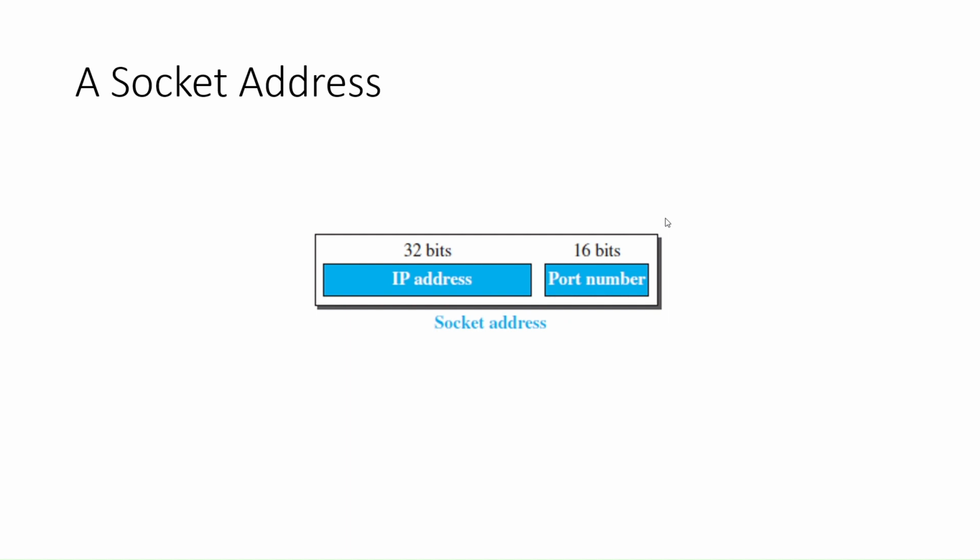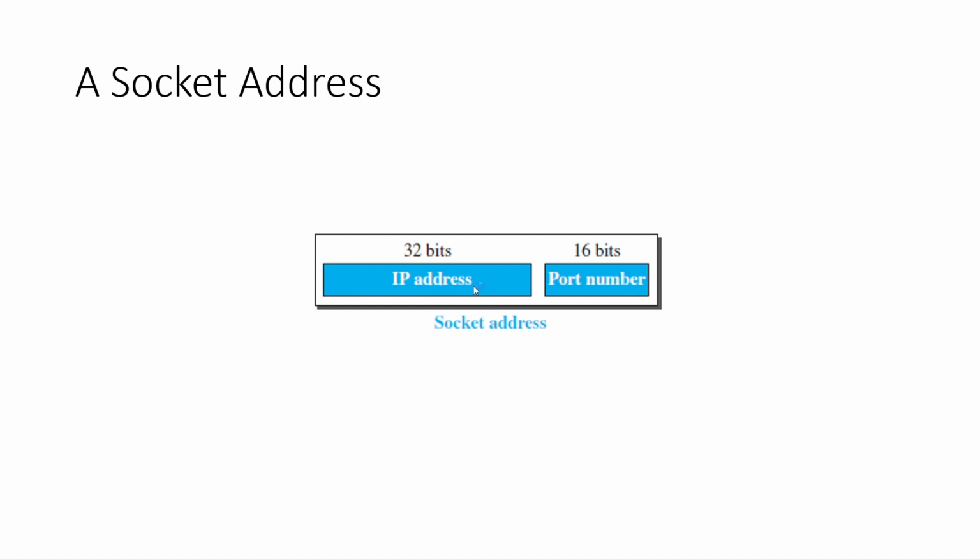A socket has a socket address. Every socket has a socket address. How is it framed? It contains two parts. One is the IP address, the second one is the port number. IP address, we already know IPv4 is of 32 bits size. Every machine which is connected to a network will have an IP address assigned to it.